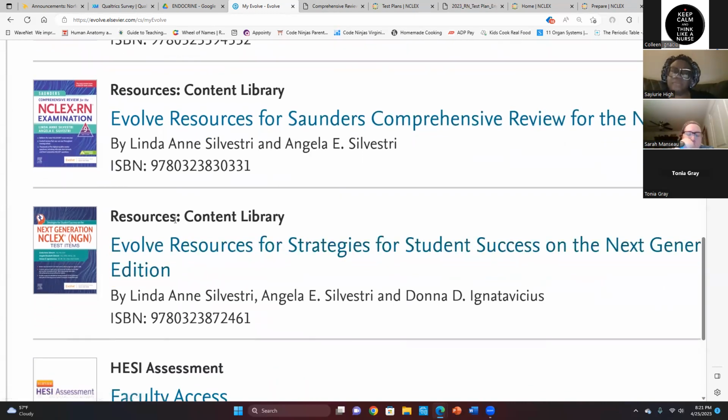In case you don't know about the Next Generation NCLEX, I just want to add, because this is in my library also, this is a book that I've started to read over the past couple of weekends, the Next Generation NCLEX test items. This really lets you break down the types of questions and how to answer them so you won't be surprised. So you know, okay, I've got to click the tabs, I've got to read the nurse's notes, I've got to drag and drop, or it's a bow tie, or it's an extended select all that apply, which could have up to, I think, 10 choices.